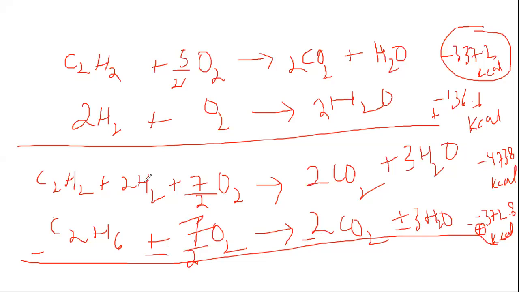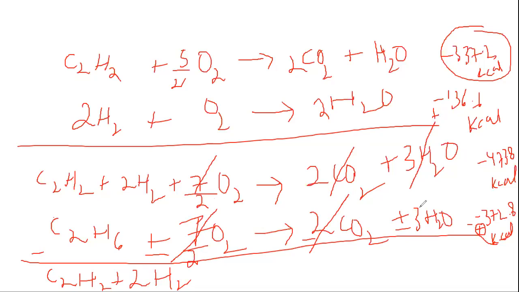So add the equations, subtract the equation. This is positive, so C2H2. This is also positive, so you have to write 2H2. This is positive and this is negative, so cancel out both oxygens from these two equations. This carbon dioxide molecule is negative, cancel out this.